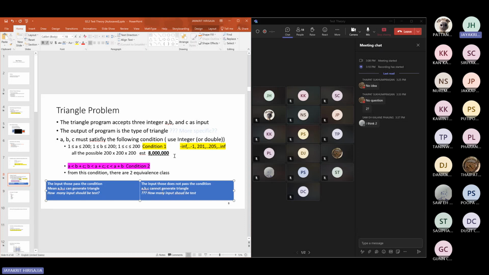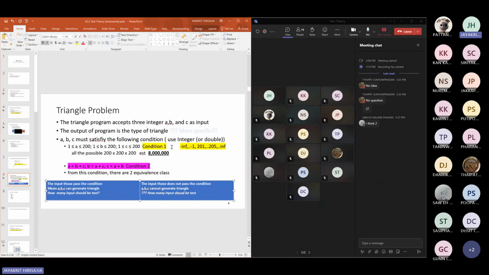Maybe not, because we can think that if we input a number in the valid range, we have 3 equivalent classes: proper input for A, proper input for B, and proper input for C. And then the other case we need to test is something out of this range.